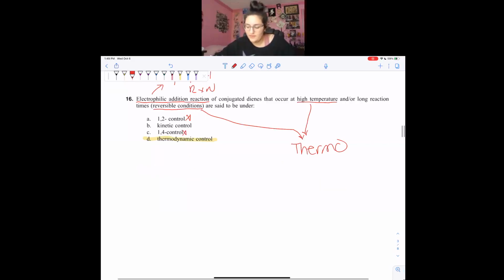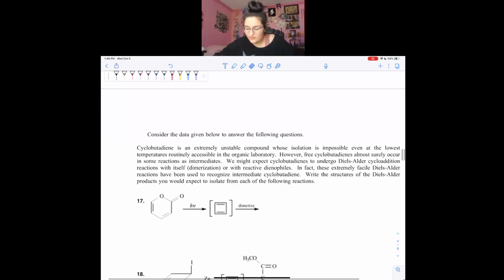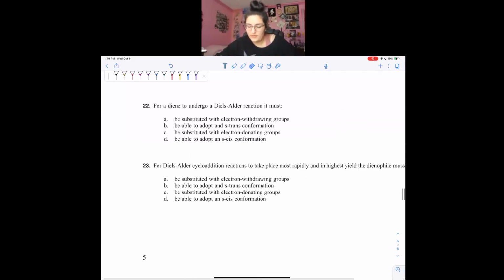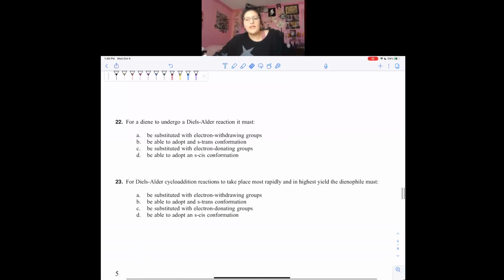Okay, so scroll. In order for a diene to undergo a Diels-Alder reaction, it must. So which of the following are required for the diene?